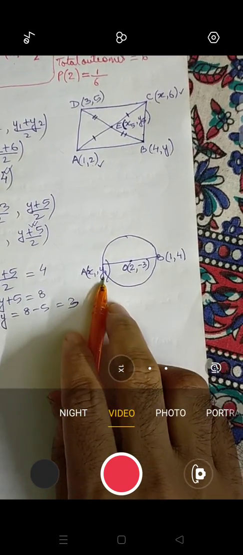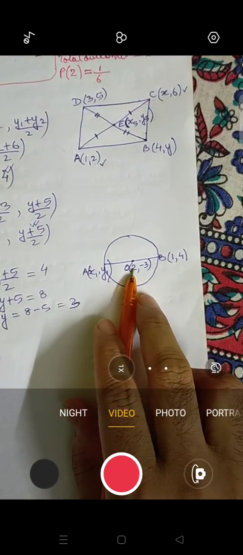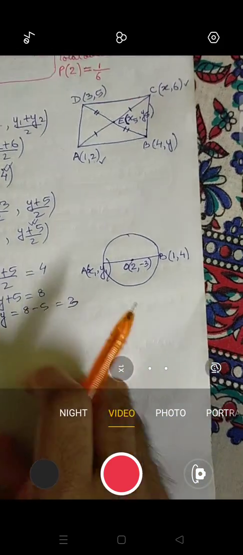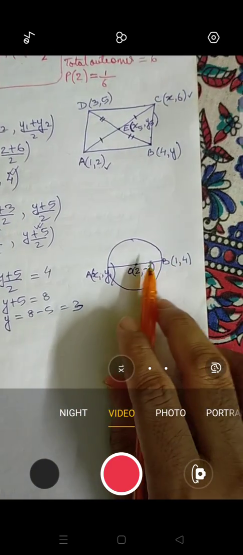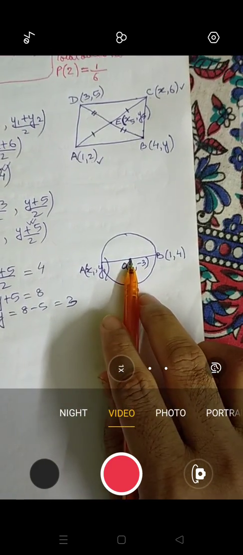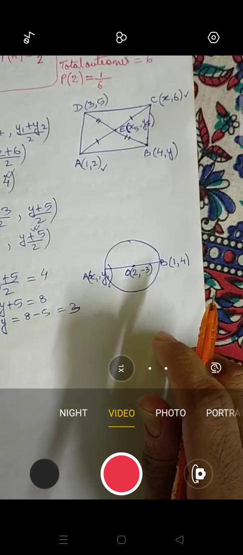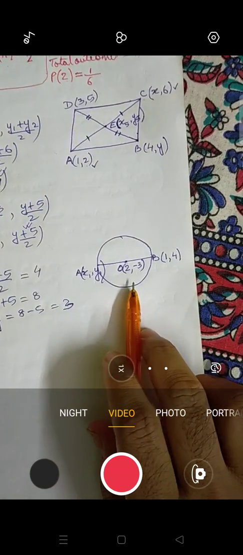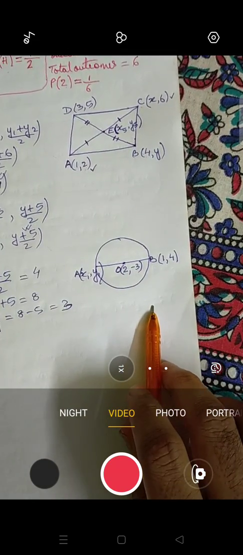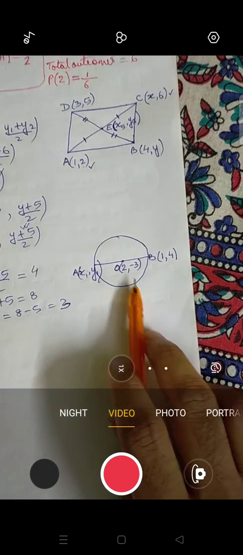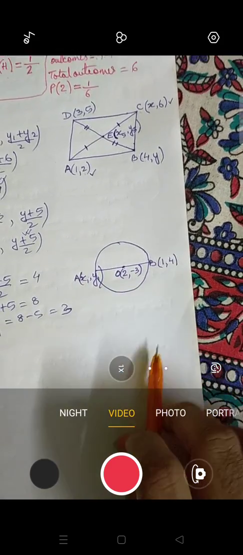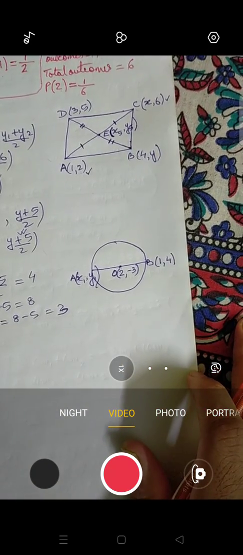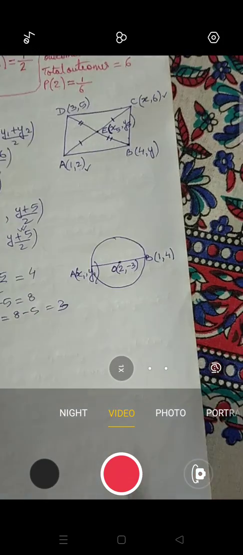This is (x1, y1), this is (x2, y2) and this is (x, y). Now you know that AB is the diameter and O is the center. So can I say that OB and OA are the radius? And we also know that the radii of a circle are equal. So can I say that O is the midpoint of AB? Understood? Okay. So right.